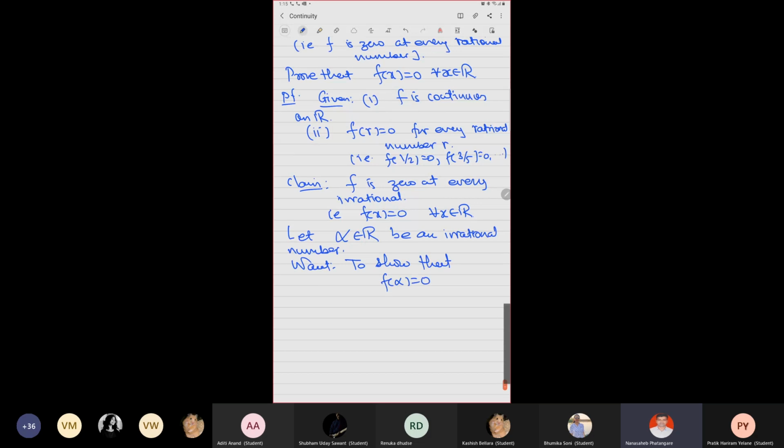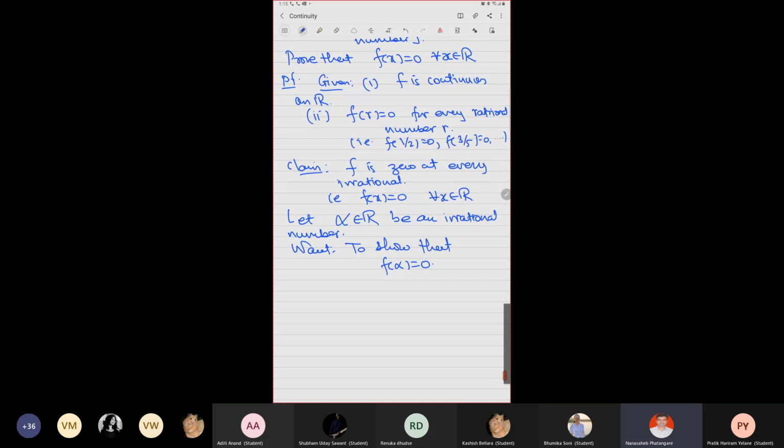I have chosen an irrational number and I want to prove that the function is 0 at alpha. In view of the previous exercise, how will you do this? We'll consider a sequence of rational numbers which converges to alpha. Exactly.